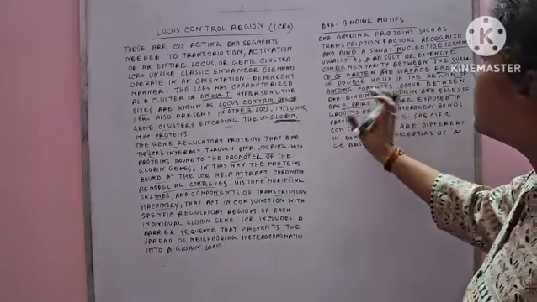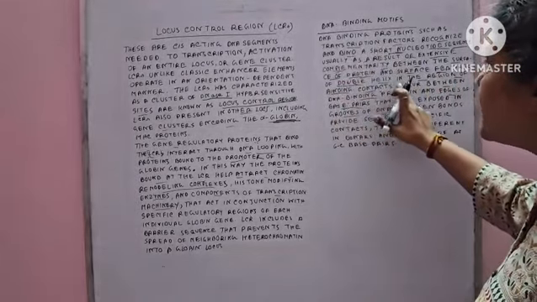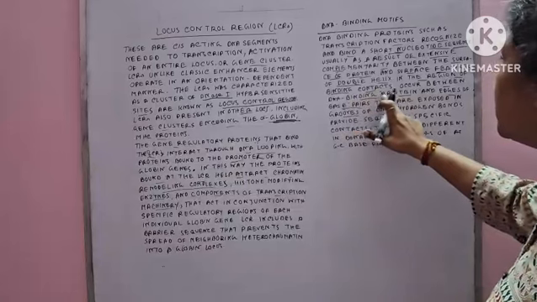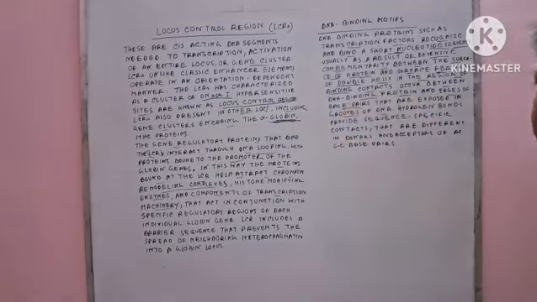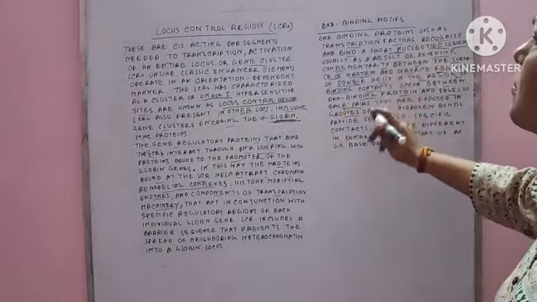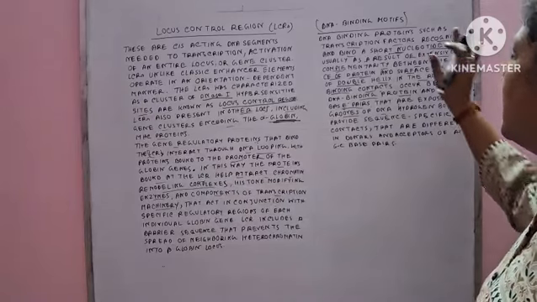Because if this binding is not possible, then contact is not possible between the DNA binding protein and the base pair grooves. Clear? So this is done by these motifs.